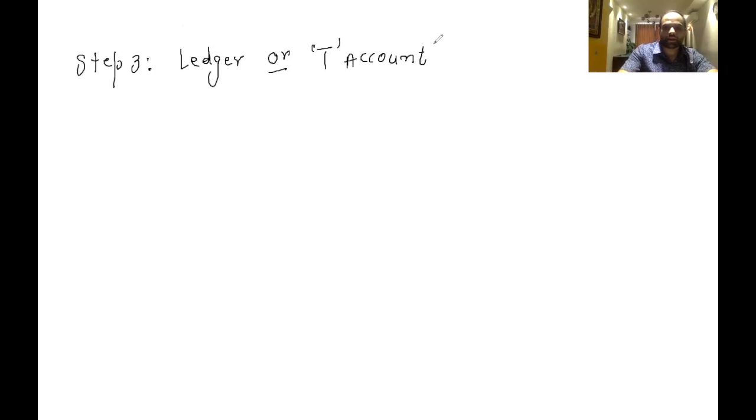Now, what is the purpose of T accounts, or what is the purpose of a ledger? A ledger helps us to classify information. So ledger means classification. Classify information in various accounts.